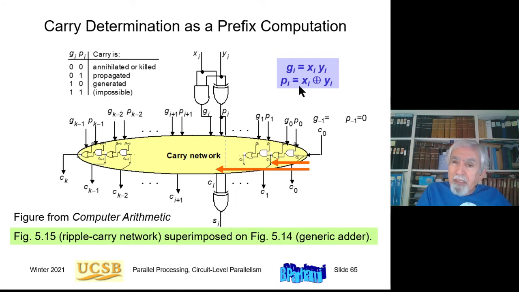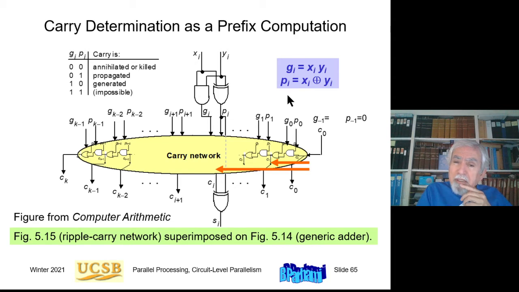A propagate signal requires one of the inputs to have 1 in that position and the other one to have 0. So 1, 0 or 0, 1. And this position would propagate a carry that comes in. It doesn't generate a carry of its own.